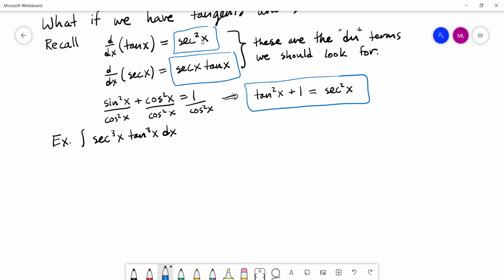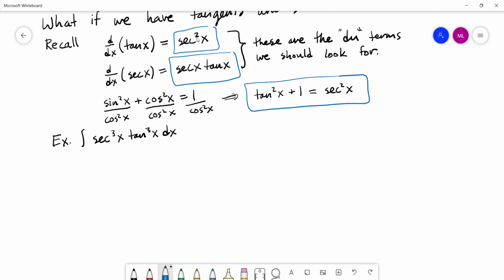Our goal is to pick du's, pulling out either a secant squared or a secant x tangent x, that will hopefully leave us with even powers of secant and tangent so that we can utilize this formula. Our hope is once we've picked our du and pulled that out, that we're left with tangents and or secants that are even powers.